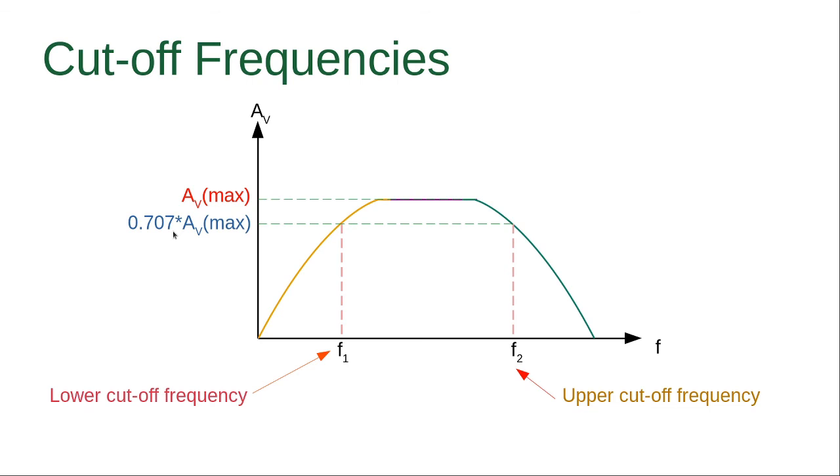The frequencies are known as the lower cutoff frequency and upper cutoff frequency. These frequencies are also called half power frequencies, as the power at these frequencies is reduced to half of that at the mid frequency region. The difference between these two frequencies is known as bandwidth, and it is written as bandwidth equals F2 minus F1.